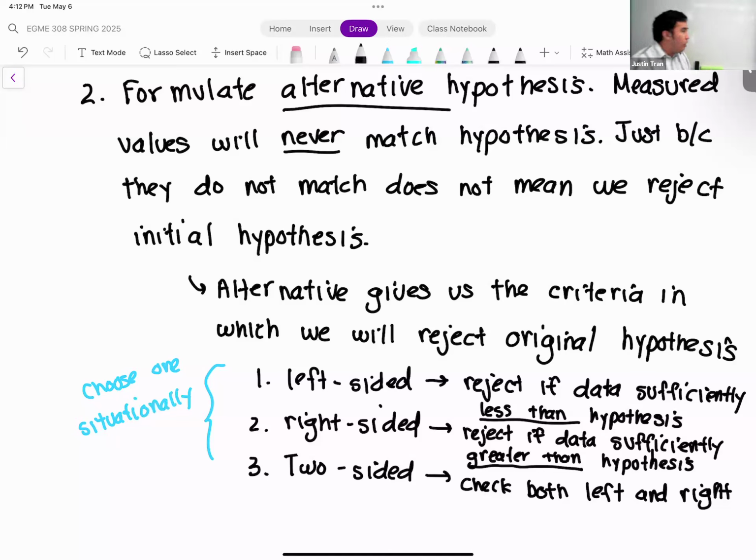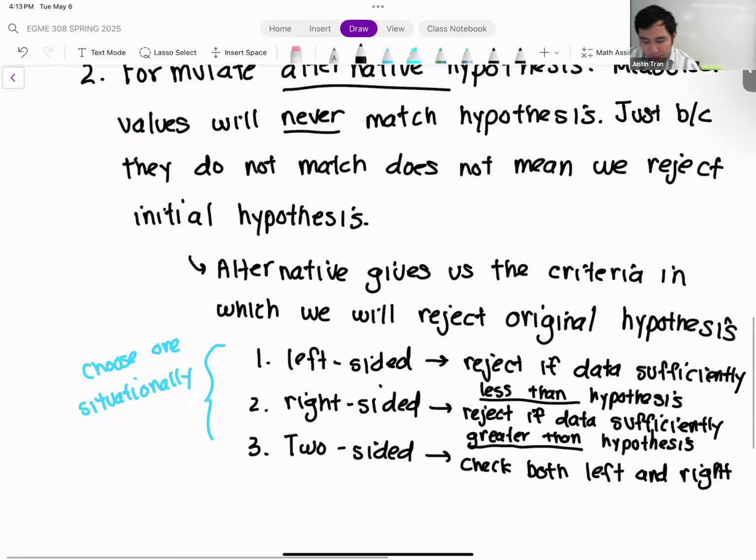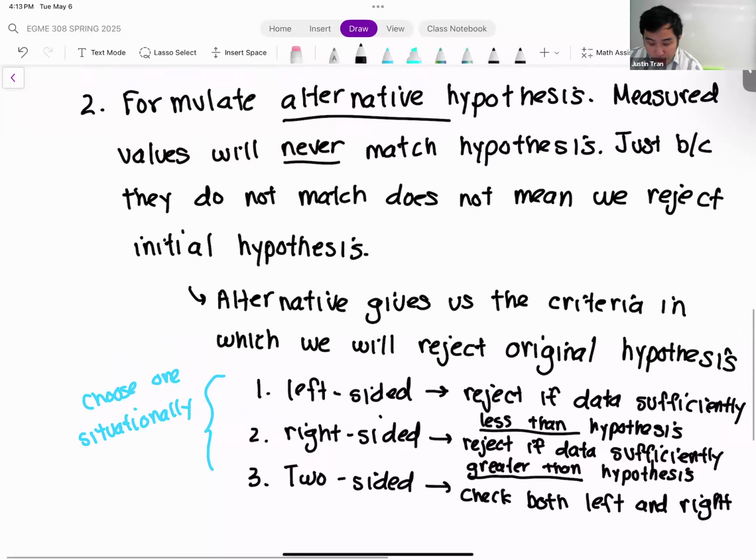But for our purposes, I'm just going to tell you, use the left side, use the right side, or use a two-sided. But in reality, you would choose these yourself. Any questions on this so far?